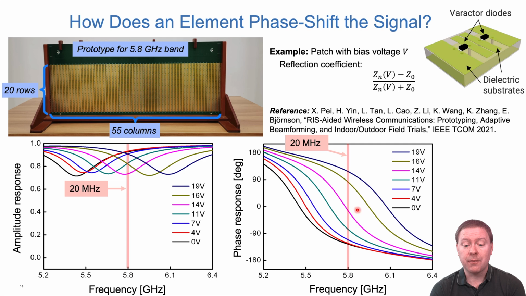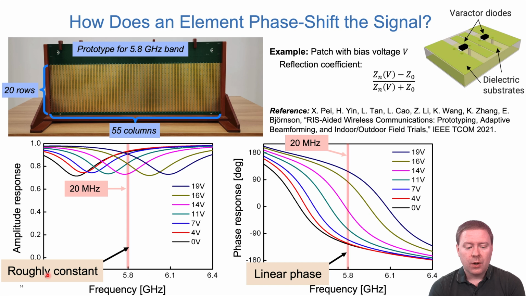So that's why we will focus on these phase shifts and how we can utilize these to change our communications. The amplitude is roughly constant within this band, and we have a roughly linear phase within the band of interest, like a straight line, which is giving us just a simple phase shift.